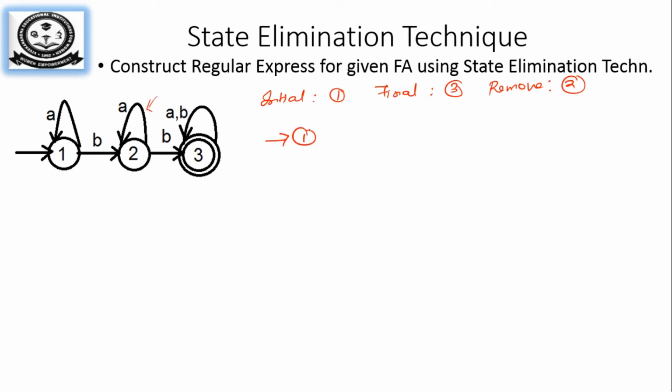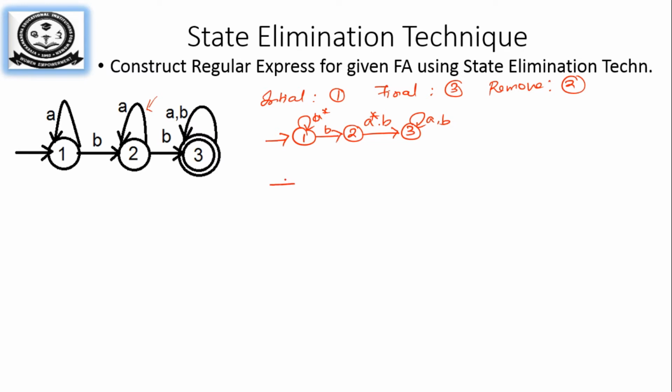I will take A star to B, so this self transition can be written as A star concatenated with B. Now we can combine the 1 to 2 transition with the 2 to 3 transition.